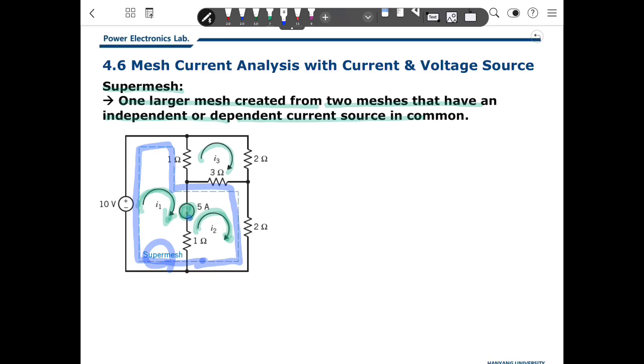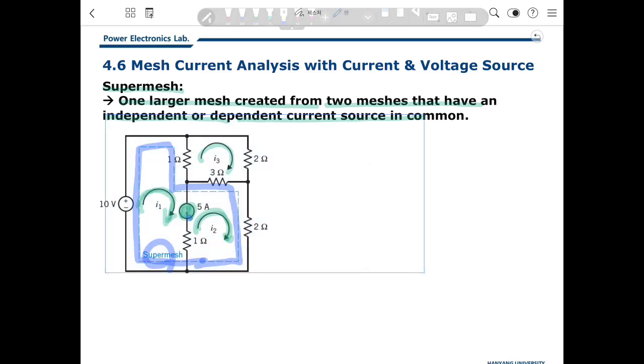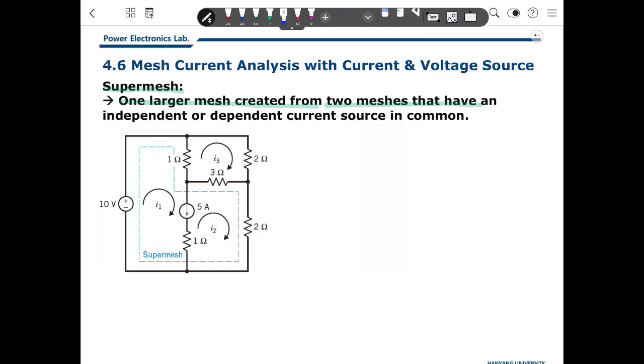So I want to give you an example of that. In this case, we can make a mesh current here. Because of this current source, you cannot define the element voltage here. So at first, I'd like to make element voltages here.